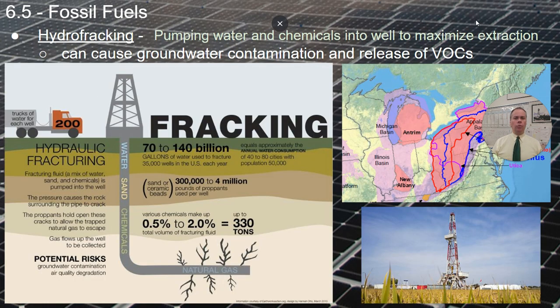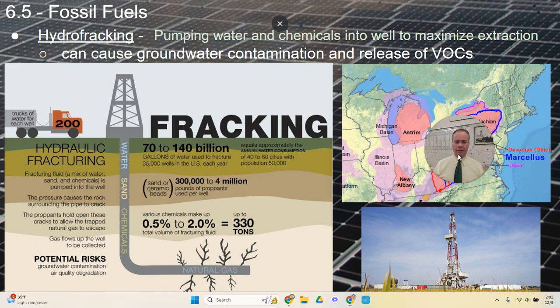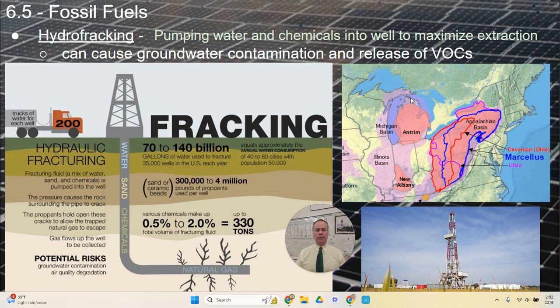One topic to talk about is an additional way that we have started extracting large amounts of fossil fuels from stone that contains these fossil fuels. The process is called hydrofracking, and hydrofracking is a process that allows us to extract natural gas from rock in which it's trapped.